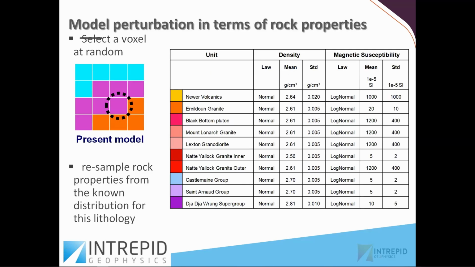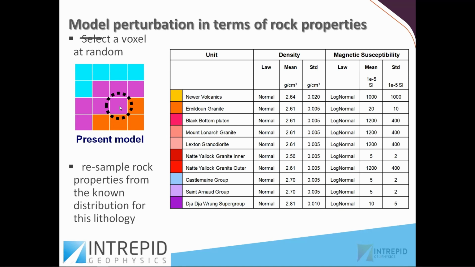Here, I was just discussing the model perturbation, where we assign the discretized properties at each cell. During the initial stage of the inversion, we discretize our full model into small cubes.